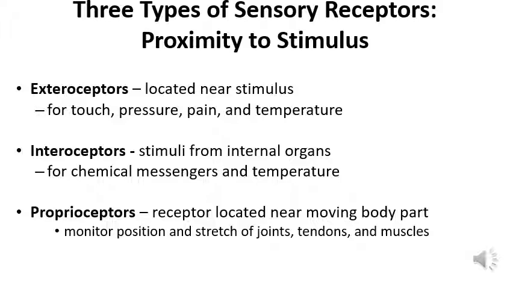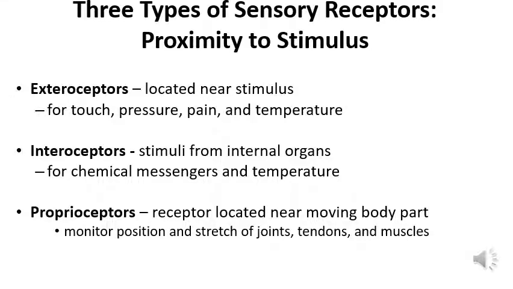But we can also classify sensory receptors in terms of their proximity to the stimulus. Are they near? Are they far? Where are they located? And then there will be a whole bunch of other distinguishing terms that we're going to be using to identify sensory receptors.